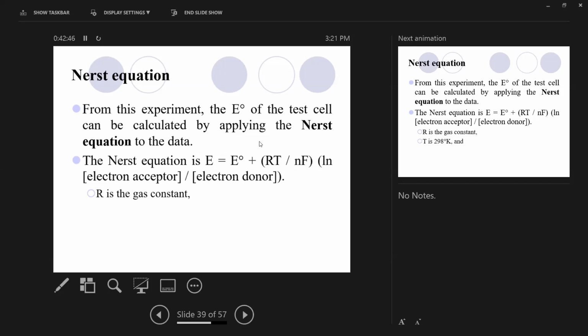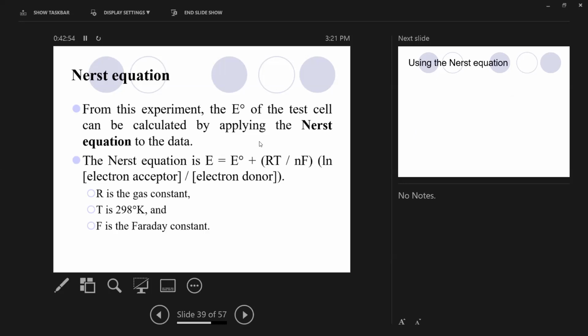Again, R is the gas constant, T is temperature. You do these at constant temperature, so you do them at 298 Kelvin, and then F is Faraday's constant, 96,494, or 96,480, something like that, kilojoules per volt per mole.